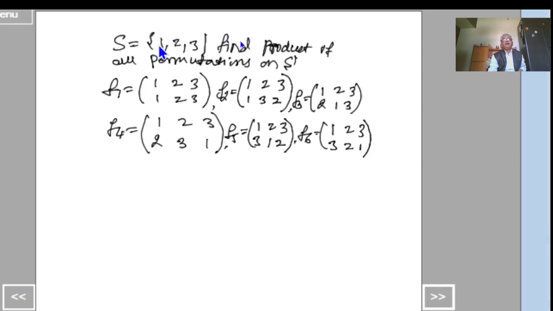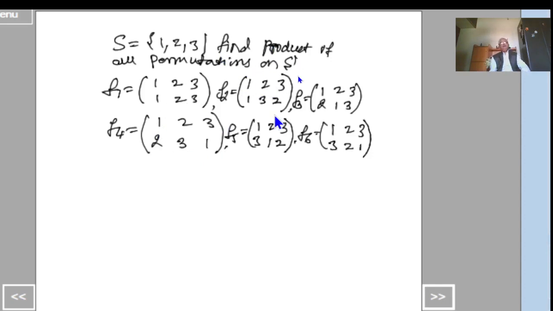If S consists of 4 elements, the total number of permutations is 4 factorial. If it consists of 5 elements, it is 5 factorial. In general, if S is equal to 1, 2, 3, up to n, then the total number of permutations is n factorial.